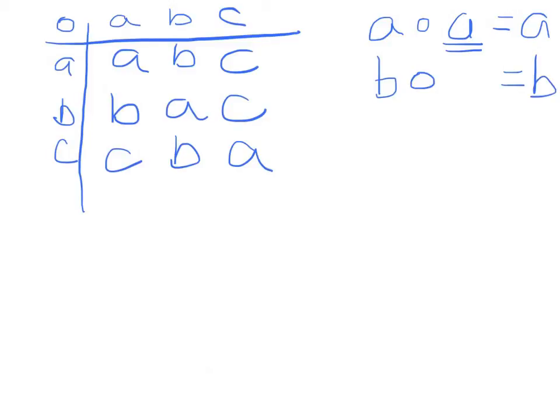So I'm looking, what goes with B to give B? And I see B operated with something here. So it looks like B operated with A, that's the correct element.